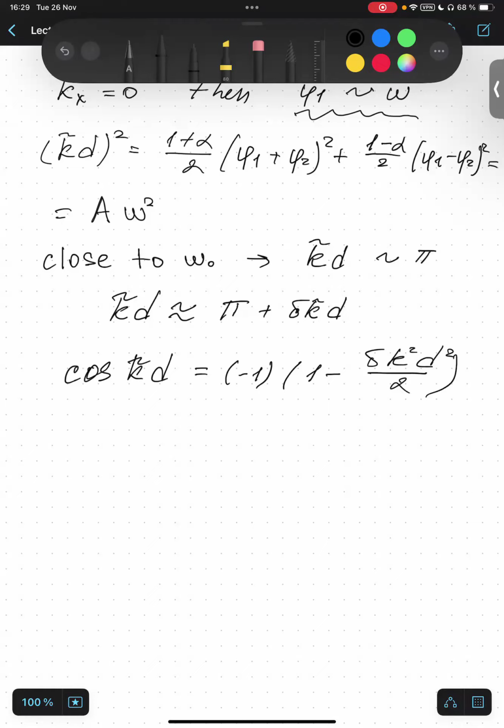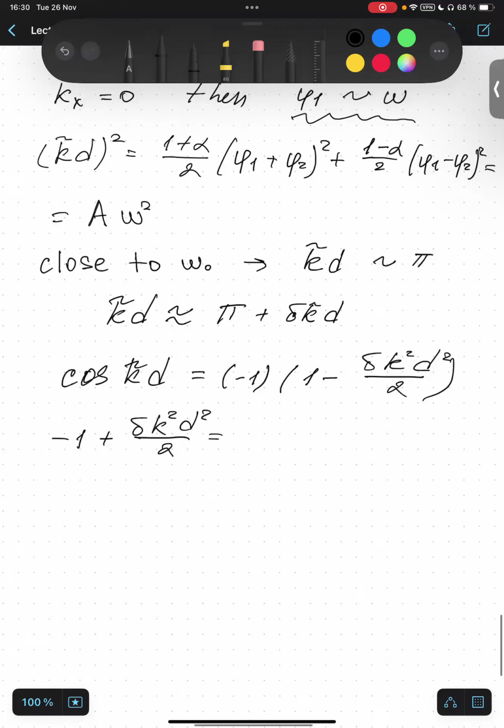This is our left-hand side. The right-hand side, -1 plus some coefficient beta.